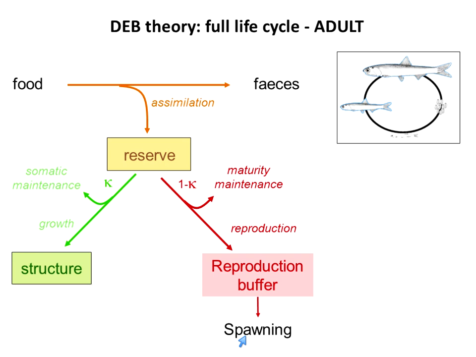It is in many ways remarkable that you can capture all these different stages in a life cycle with a relatively small number of state variables and parameters, and it's actually only 4 if you don't want to involve consideration of mortality.